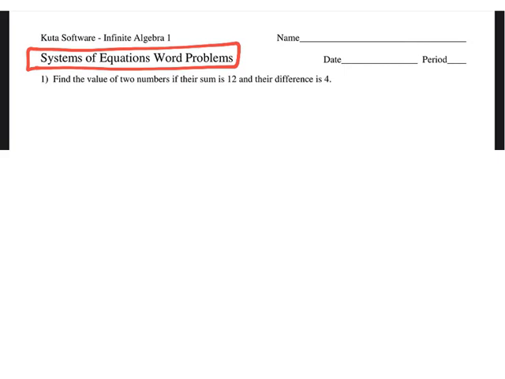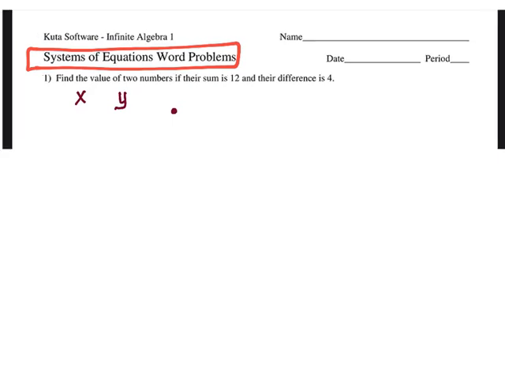So we'll go by the information given to us, and as you can see, it says that the sum of two numbers is 12. So we can take the two unknown numbers as x and y. The very first equation says that their sum is 12, so I can say that x plus y is 12.